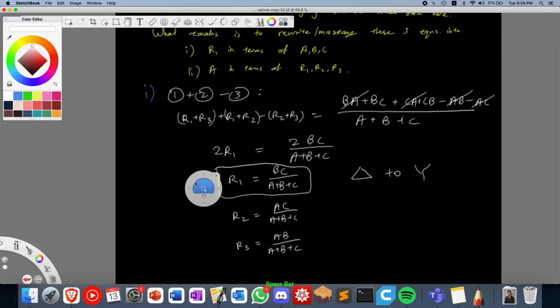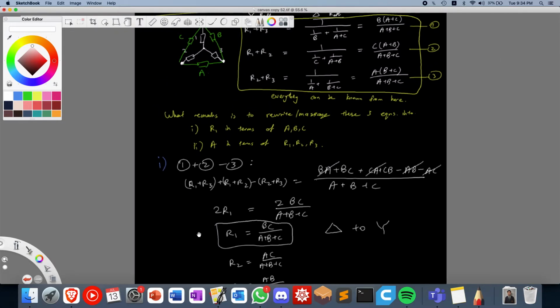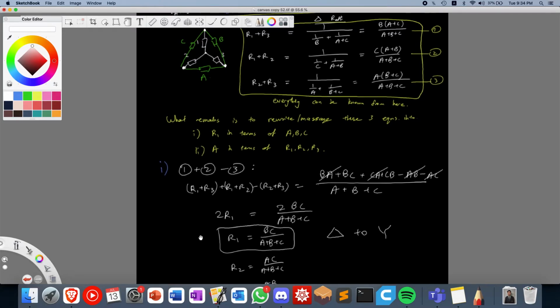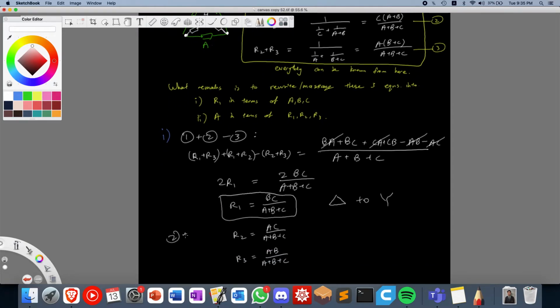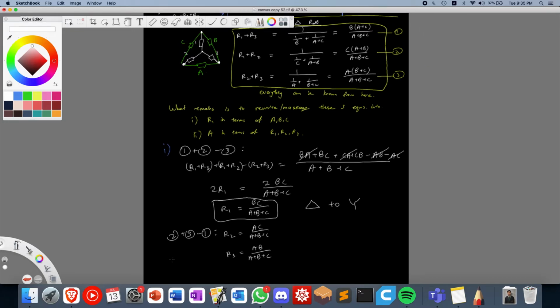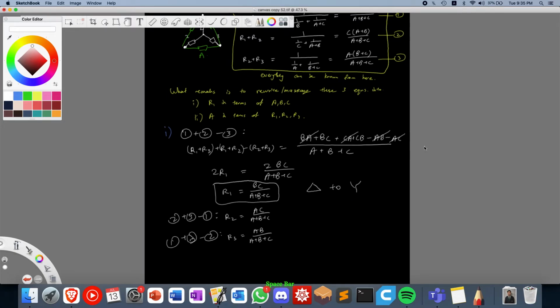They just involve different combinations. The second one is going to be 2 plus 3 minus 1, and the last one is going to be 1 plus 3 minus 2. So now we have done that.